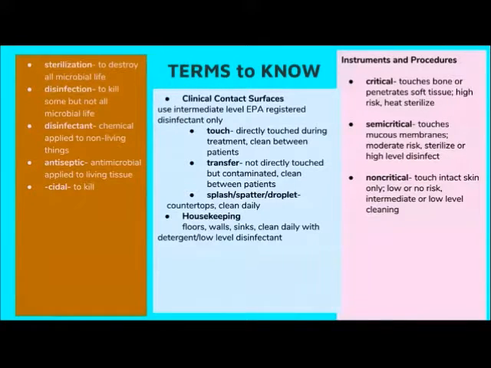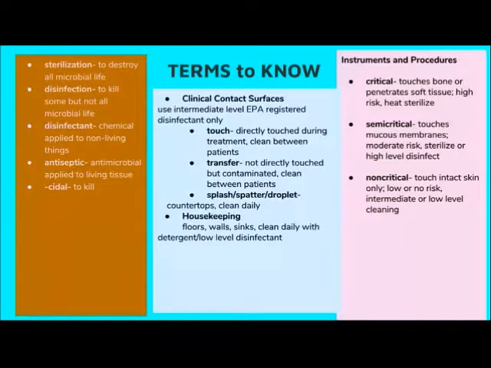Critical, semi-critical, and non-critical are how we talk about our instruments and what we do with them. A critical instrument is one that penetrates bone or soft tissue, meaning it gets bloody. These are our surgical instruments, handpieces, scalpels, forceps, things like that we use for surgery.